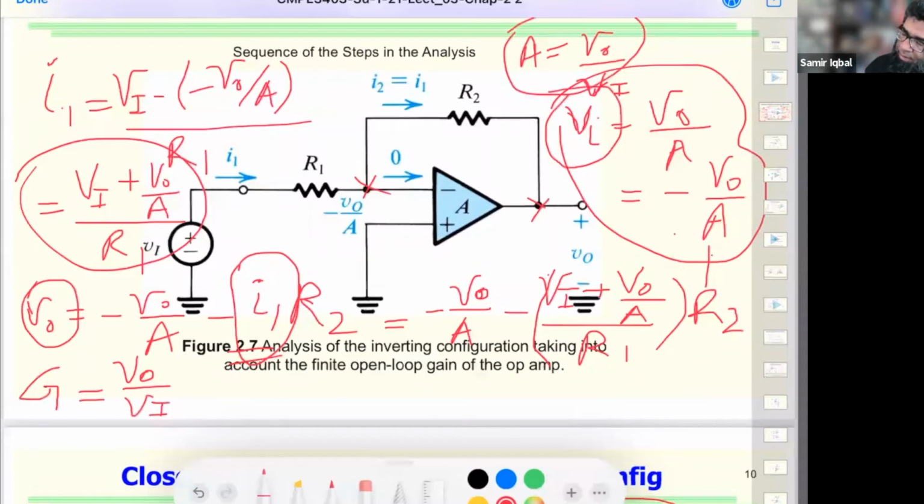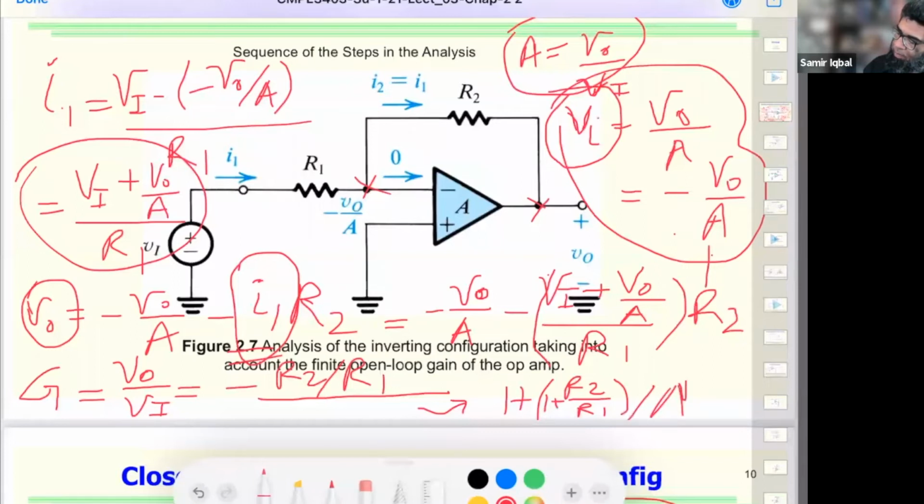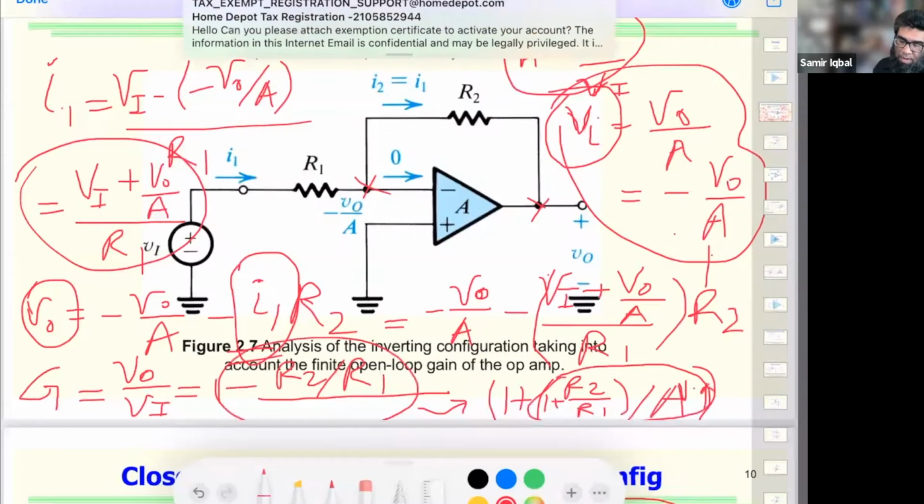And that simplifies to be something with R2 over R1, whole thing divided by 1 plus R2 over R1 times 1 over A. That's in the denominator. Now, if A goes to infinity, this factor goes to 0, and what we are left with is this guy. Again, the gain is getting to the ideal value.